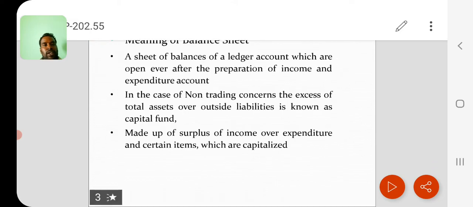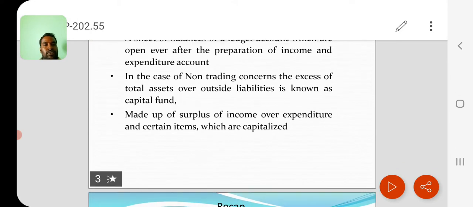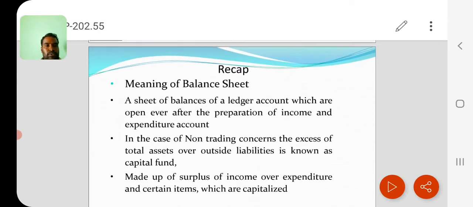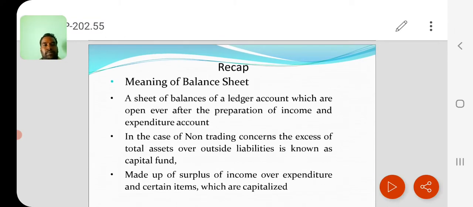The receipts and payments account follows the real account rule, that is debit what comes in and credit what goes out.